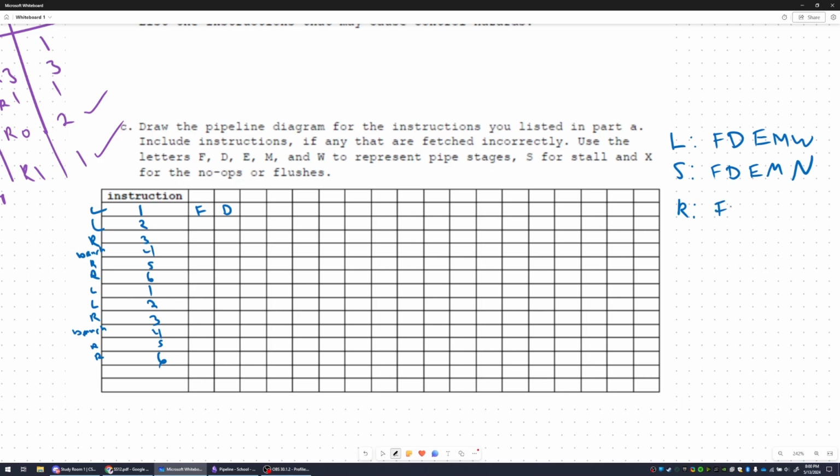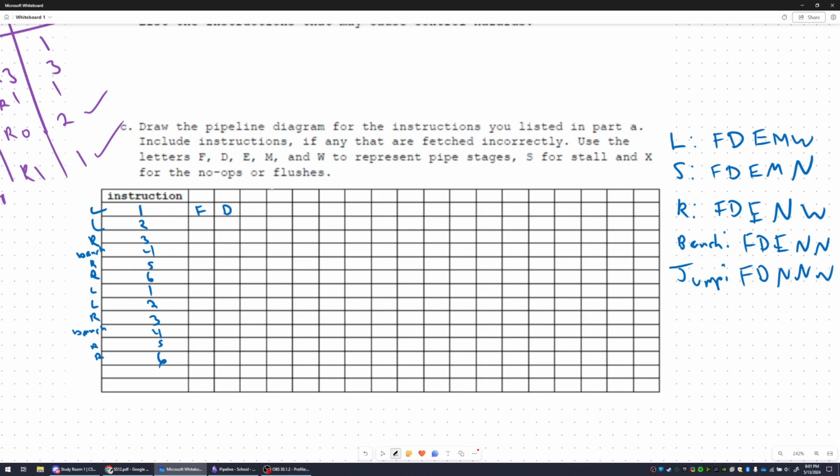R type, fetch, decode, exec, no op, write back. Branch is fetch, decode, exec, no op, no op. And then jump is fetch, decode, no op, no op, no op. So there's always 5 stages for every instruction now in pipeline.